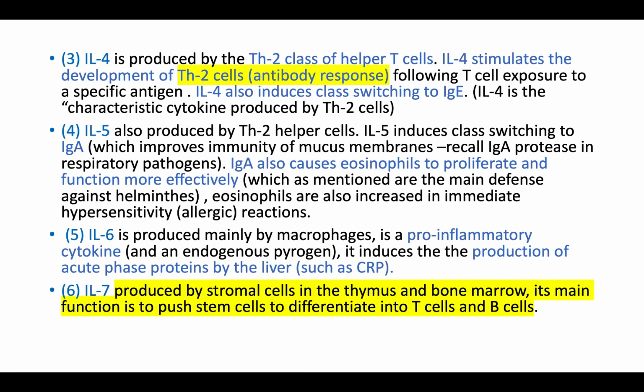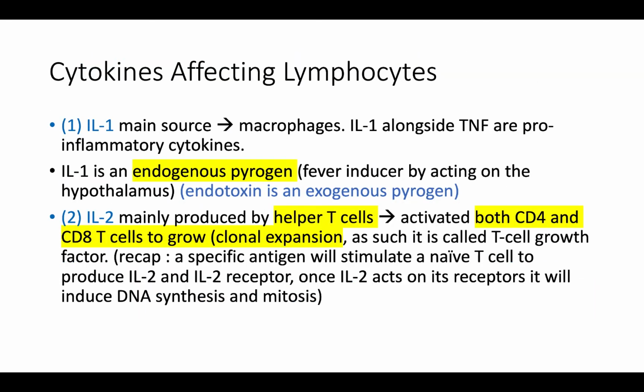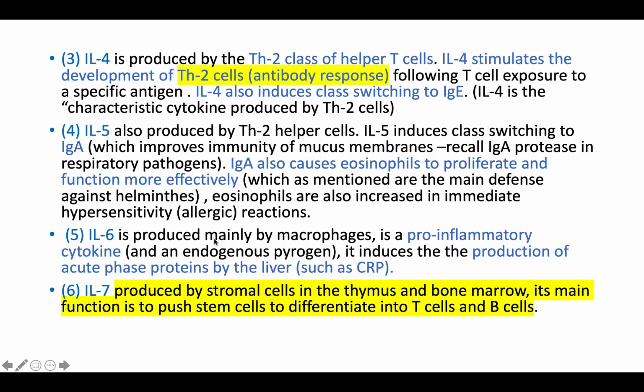The remainder of the lecture just goes through these 3 slides, which are just the interleukins that we have so far. So interleukin 1, we said, is a potent activator. It's an endogenous pyrogen. Interleukin 2, we know this is the activator of helper cells and CD8 cells. We know interleukin 4 and 5 for the Th2 response.